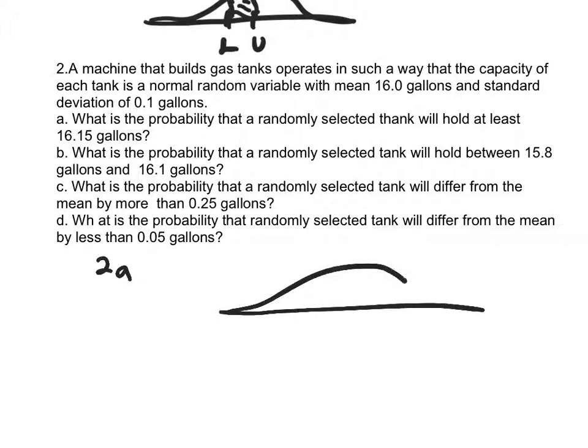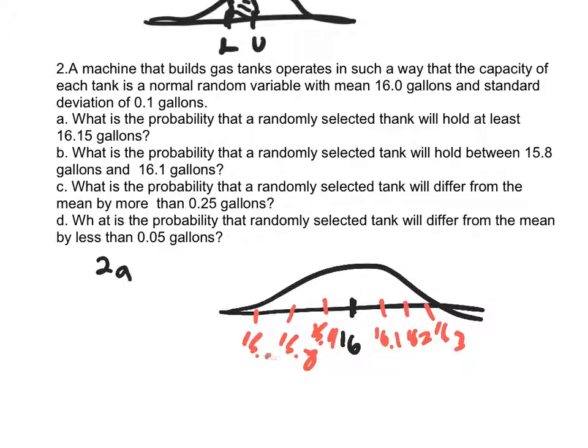I read in the problem that the tank had a mean of 16. That always has to be here in the middle. If the standard deviation was 0.1, just by using 3 standard deviations, that's 16.1, this one is 16.2, and this one is 16.3. That takes you 3 standard deviations to the right. Take 0.1 away each time: 15.9, 15.8, and 15.7.